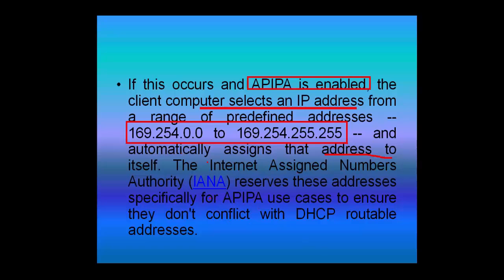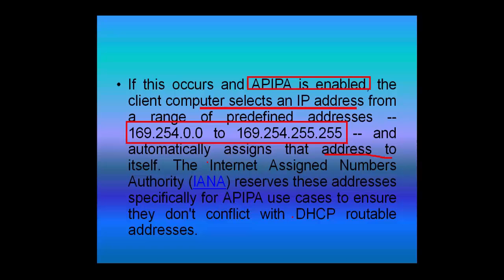So APIPA is for when your DHCP is down and not able to connect to the DHCP server. In that case, your machine will choose any IP from this range or assign one to itself.